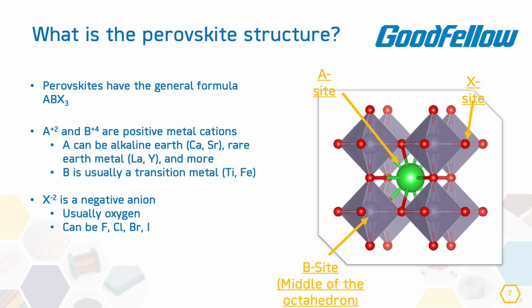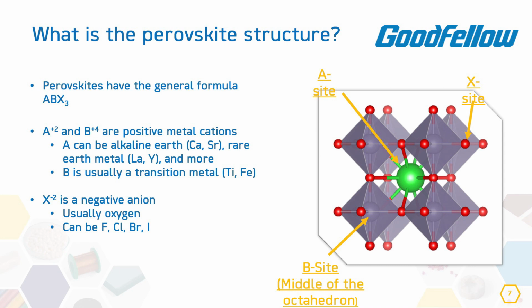Now what kind of compositions can this structure adopt? Well, the A site, because it is large, usually contains large cations, such as calcium 2+, strontium 2+, barium 2+, and that is the oxidation state of the cations, but it can also contain 3+ cations such as lanthanum or other rare earth cations.